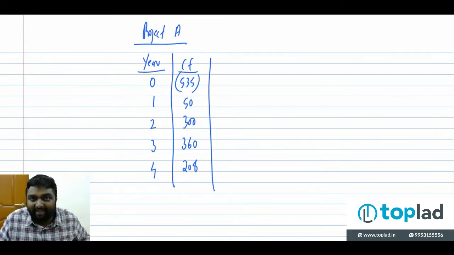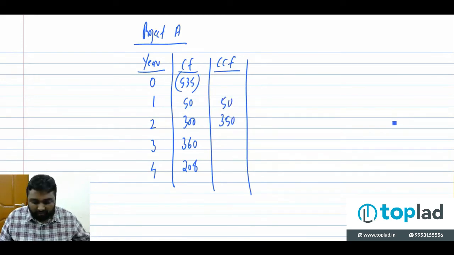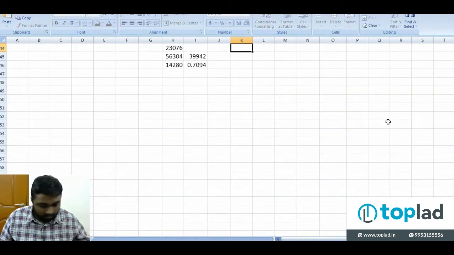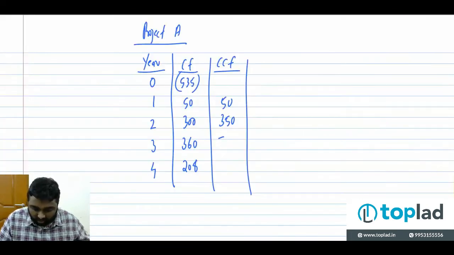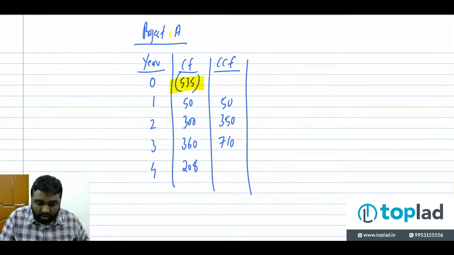Normal payback, we have already discussed the concept. Now first one problem will be very easy. Simply cumulative cash flow. So 50, 350. So 350 plus 360, 710. We can stop because our outflow is 535.